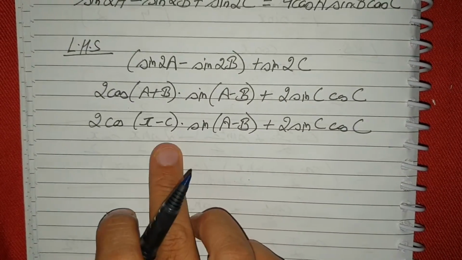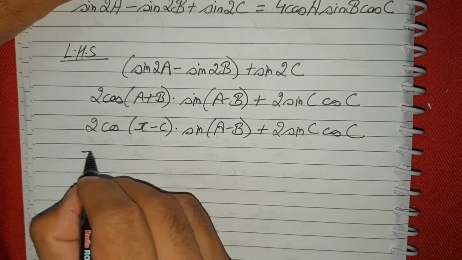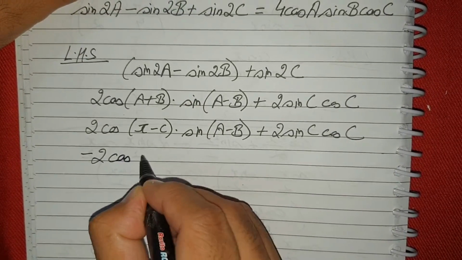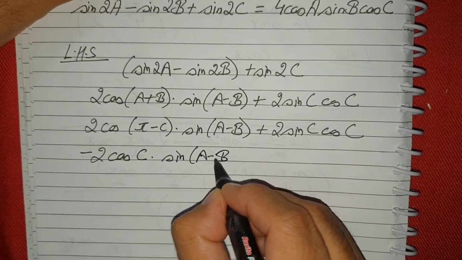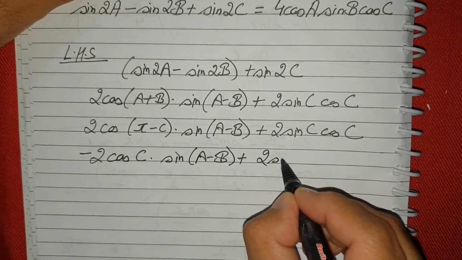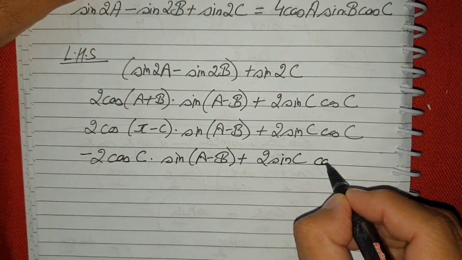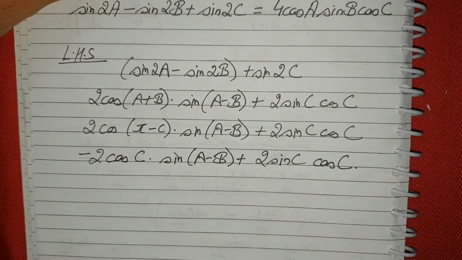In the second quadrant cos is negative, though it will remain cos, but this will be minus 2 cos C into sine A minus B plus 2 sine C cos C.